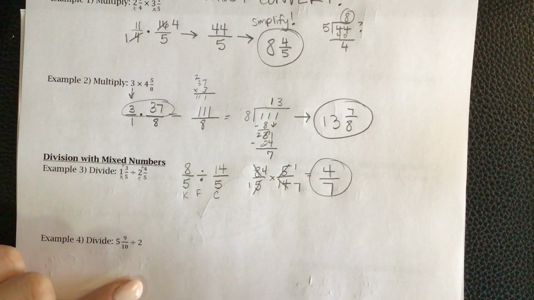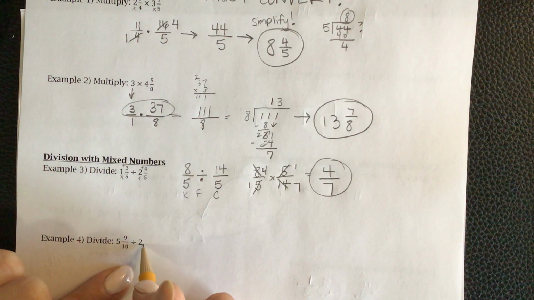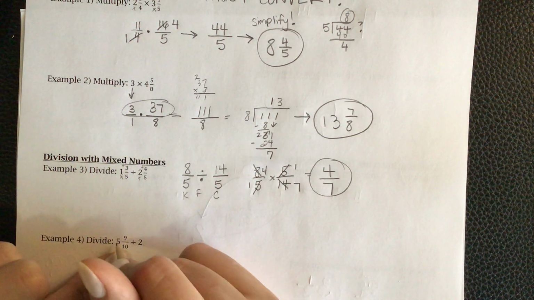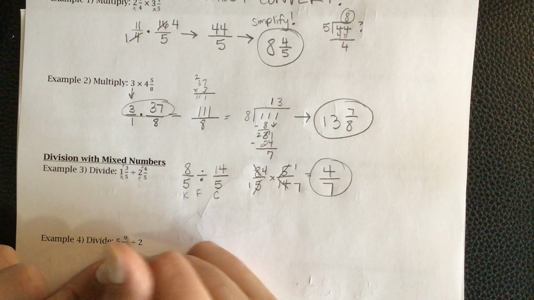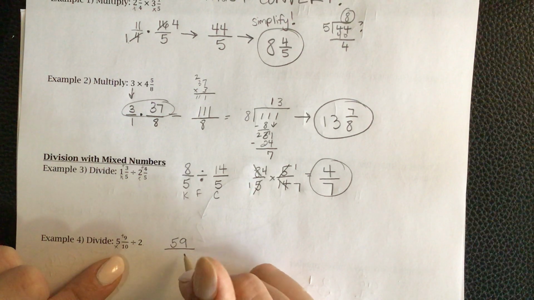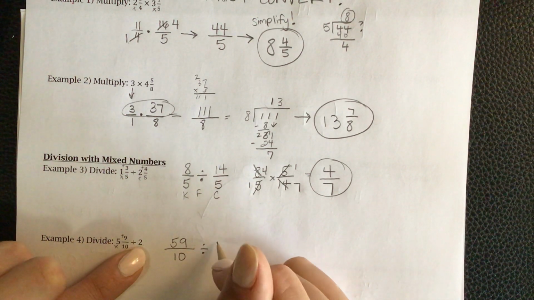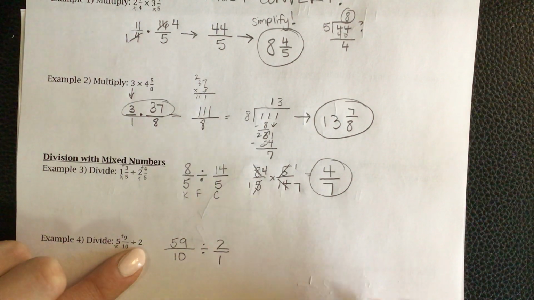For this last example, we have 5 9/10 divided by 2. 5 times 10 is 50, plus 9 is 59 over 10. Divided by my whole number of 2 over 1.